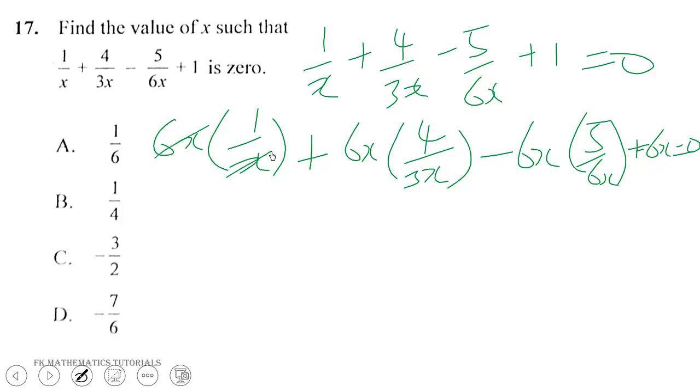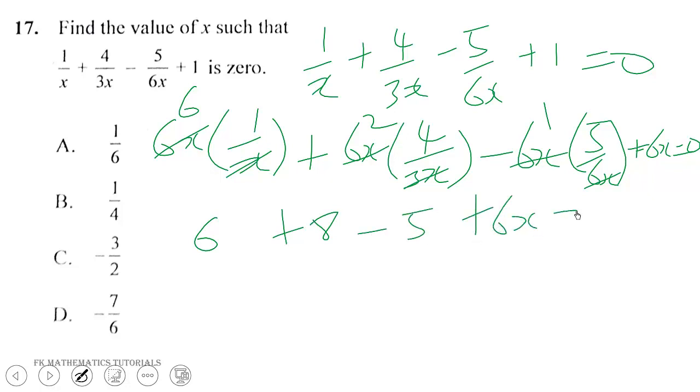So this will cancel this 6 times, this will cancel this 2 times, this will go here once. So we will get 6 plus 2 times 4 is 8 minus 5 plus 6x is equal to 0. 6 minus 5 is 1 plus 8 is 9.